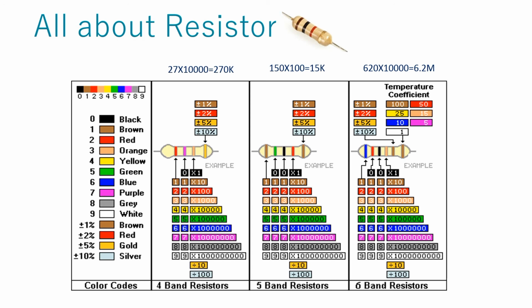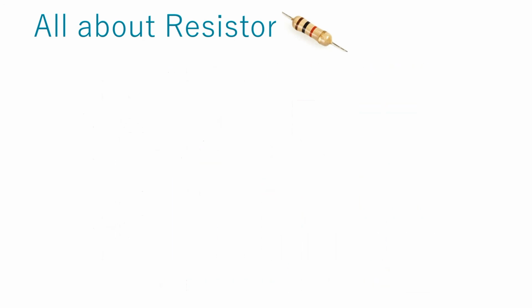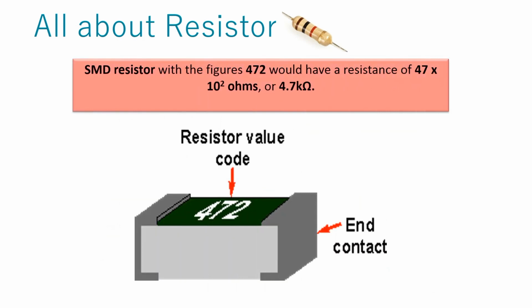The first 3 colors indicate resistor value, and the rest of the colors indicate the characteristics of the resistor, like tolerance and temperature coefficient. In SMD resistors, the values are printed in the form of numbers, such as 472, which means 47 multiplied by 100, and it is 4.7 kilo ohms.